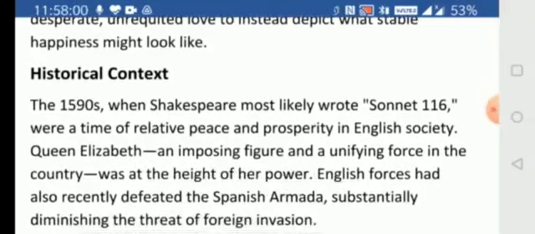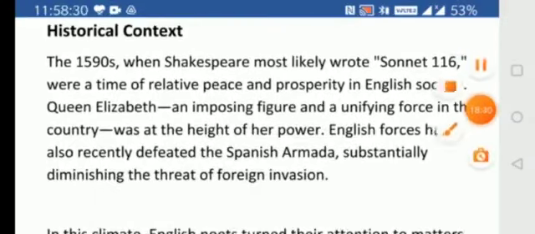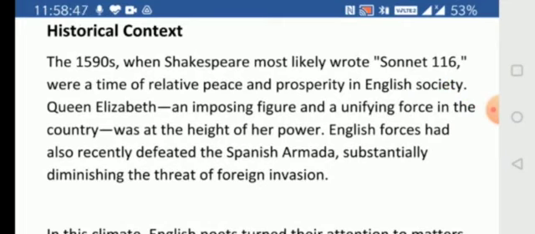Now, the historical context. The 1590s, when Shakespeare most likely wrote Sonnet 116, were a time of relative peace and prosperity in English society. Queen Elizabeth, an imposing figure and a unifying force in the country, was at the height of her power.